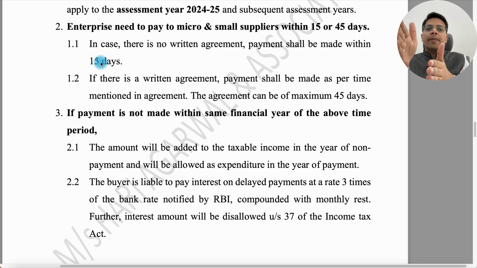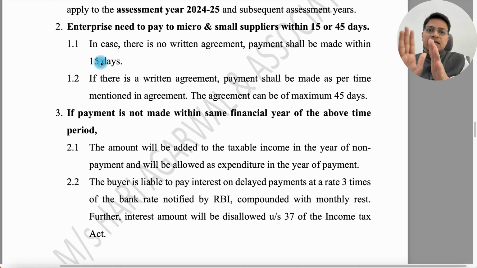If you make the payment by 31st March 2024 also, no problem as per income tax. There is no change in your computation, it will be as it is. But if you do not make the payment by the end of the financial year and you make the payment in, let us say, 24-25 financial year, then for 23-24 it will be disallowed and it will be allowed in 24-25.